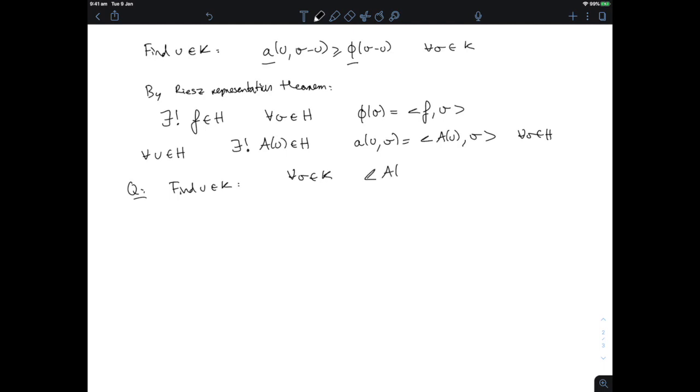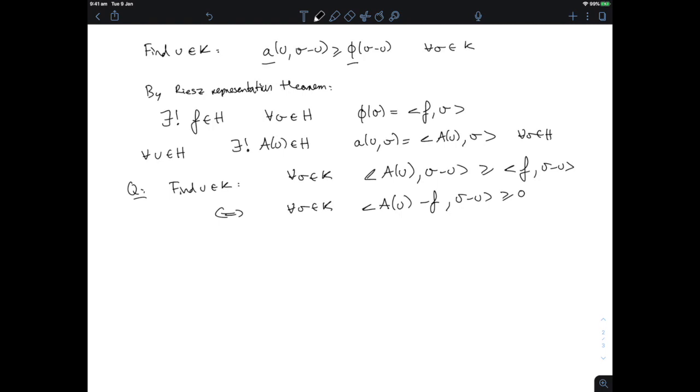We have the inner product of au with v minus u being greater than the inner product of f with v minus u, and that is equivalent to saying that for every v in K, au minus f, inner product with v minus u, is non-negative.